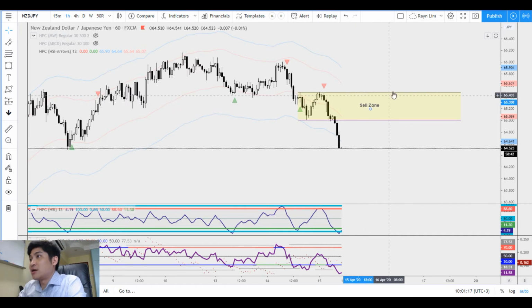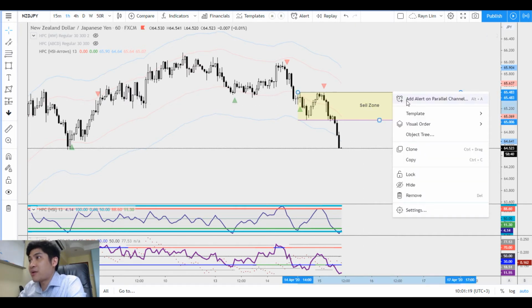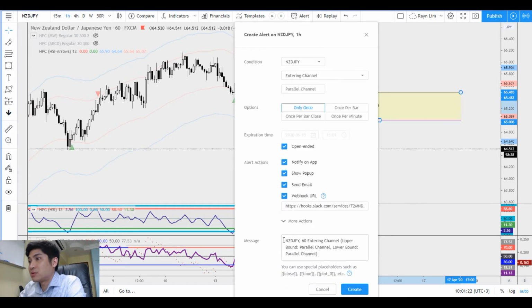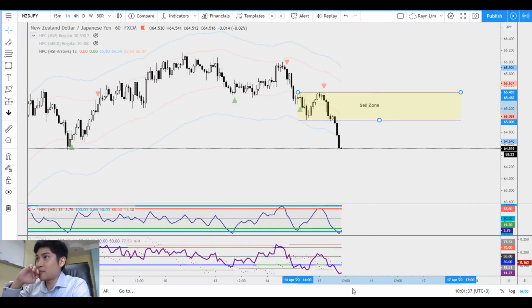Okay, right click, add parallel. I remember there's an error issue. Never mind, let's try NJH1 sell zone. Okay, done.